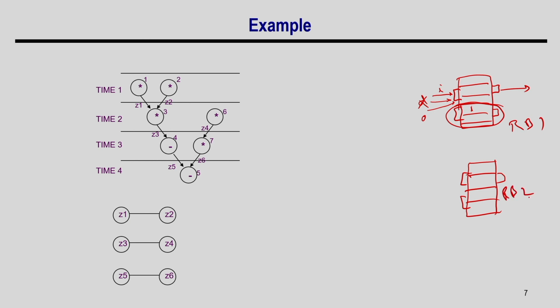There may be, say, 10 register banks, each consisting of 10 registers, so there are 100 registers available, but they are not available individually. Here the problem is that I have a set of variables and I have to map them to registers, but their access is restricted by the register bank and its ports. So, we have to map the variables to the register banks. That is the problem.